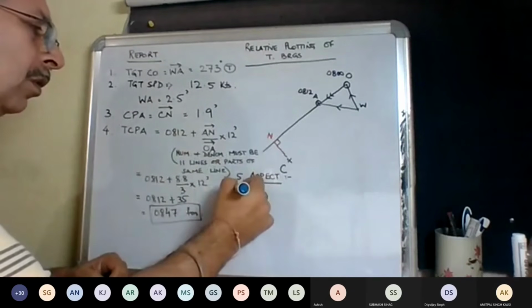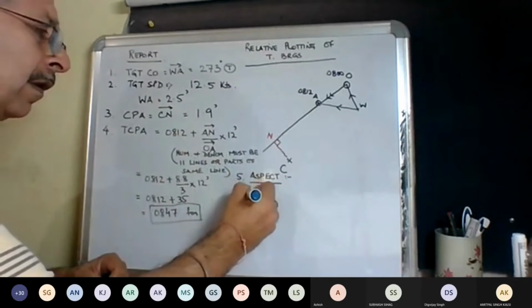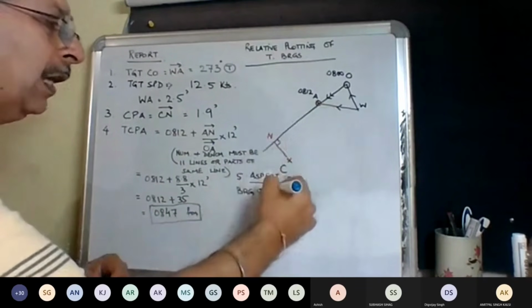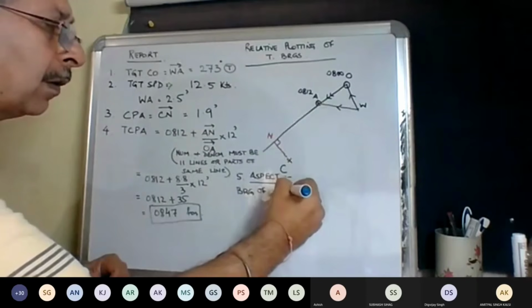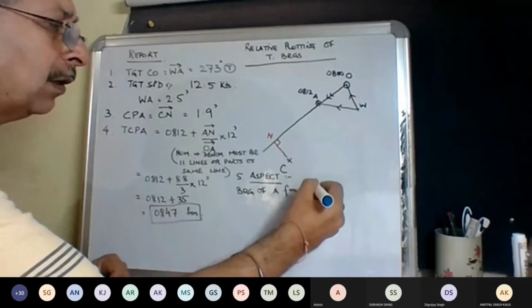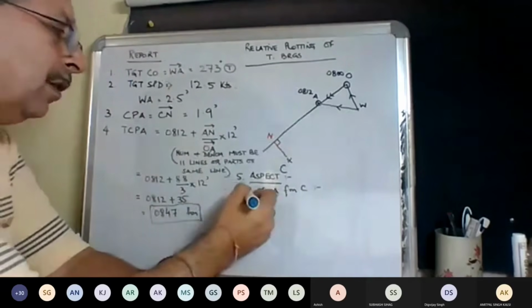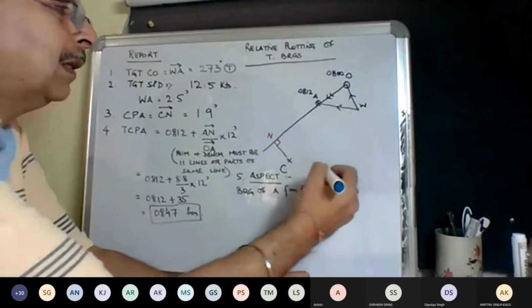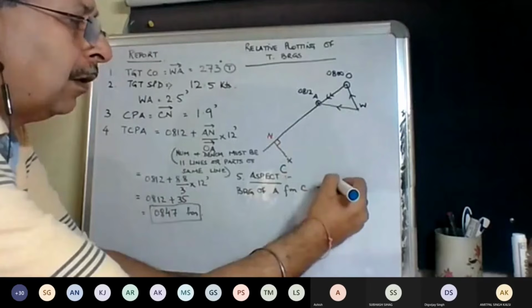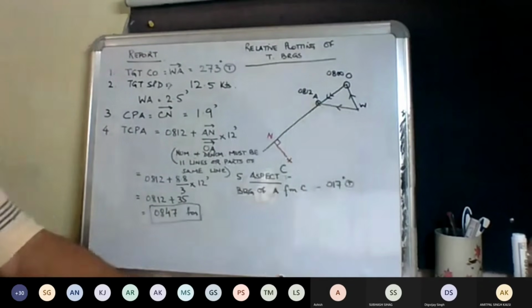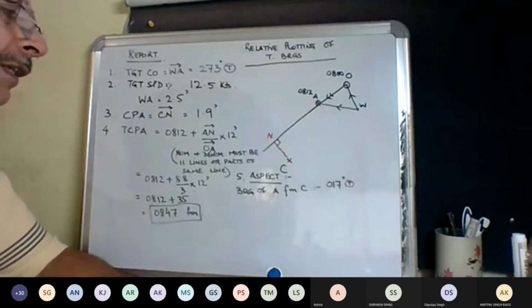So first is bearing of A from Charlie. That is, bearing of A from Charlie is the last reported bearing. That is 017.